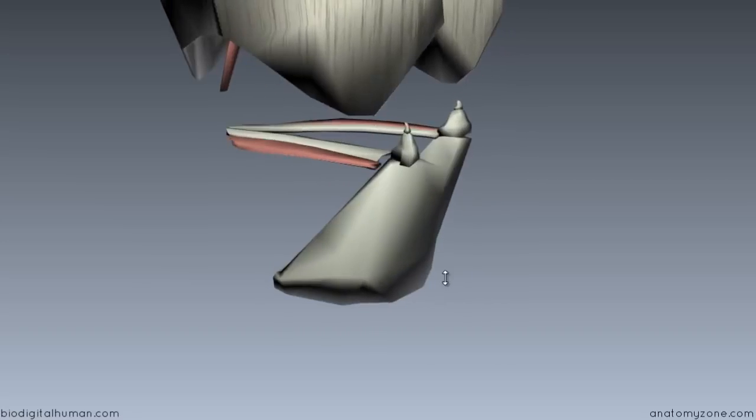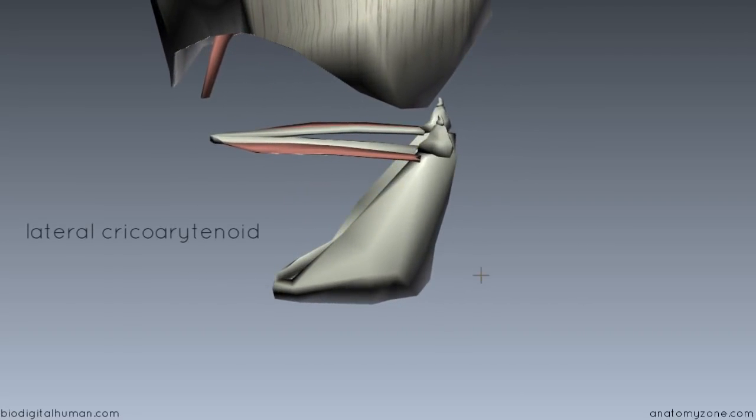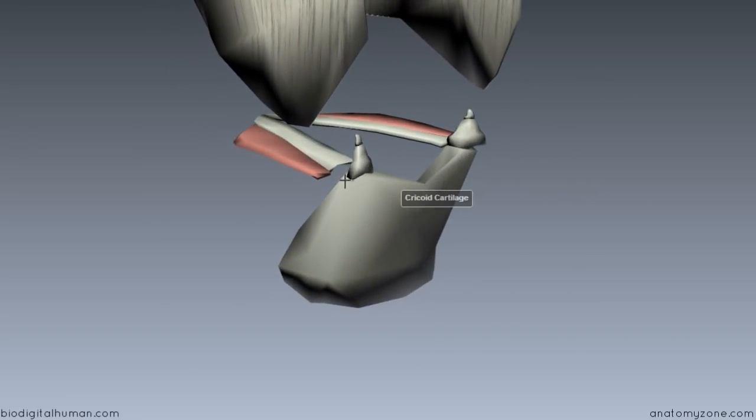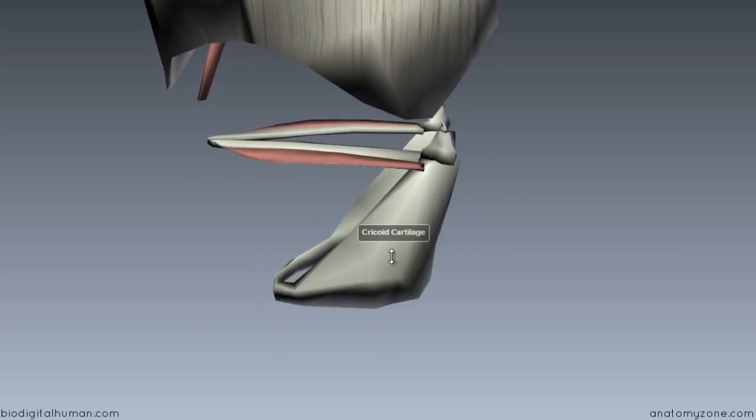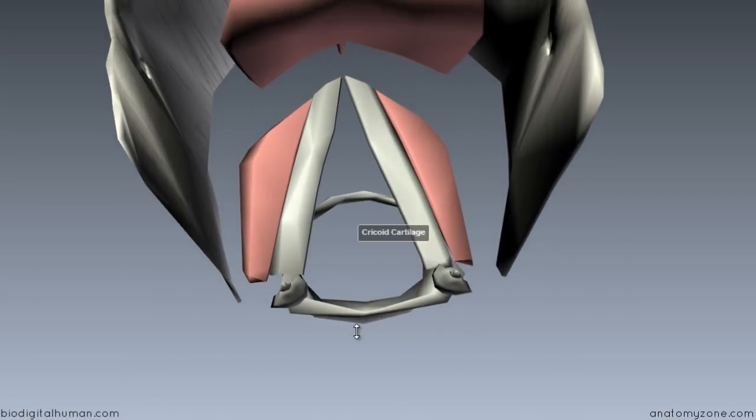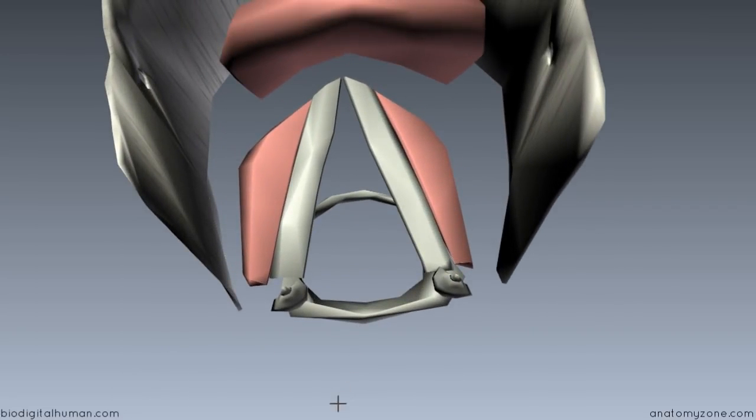So the next muscle is the lateral cricoarytenoid, and this originates on the upper part of the cricoid arch. So it sits laterally on the cricoid cartilage, and it inserts again onto the muscular process. But because of its different origin, it's going to produce a different action on the arytenoid. Because it sits in front of the muscular process, when it contracts, it's going to produce the opposite action to the posterior cricoarytenoid muscle.